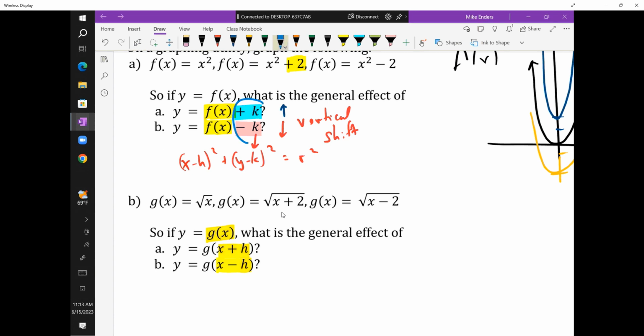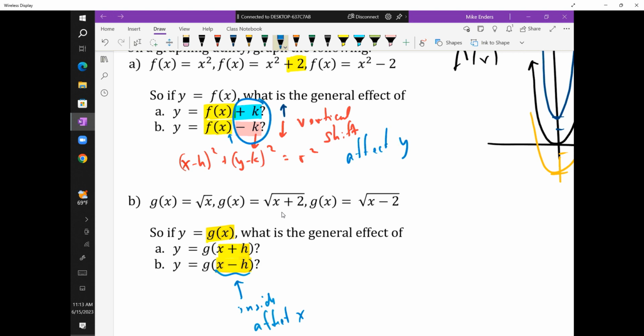We had what we were doing, adding, subtracting, was outside the parentheses. Now, all of these things are inside the parentheses. So when it's inside the parentheses, it's working off of x. Okay, so now it's going to affect x. Whereas if it's outside of the parentheses, what that did is it affected the y values.